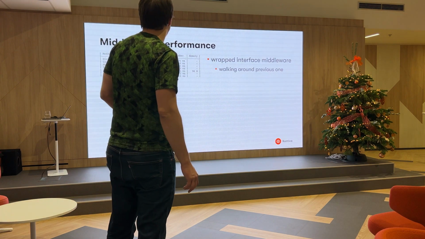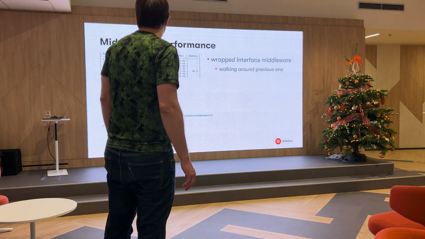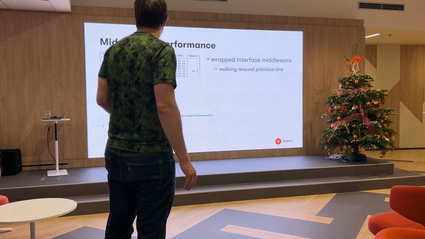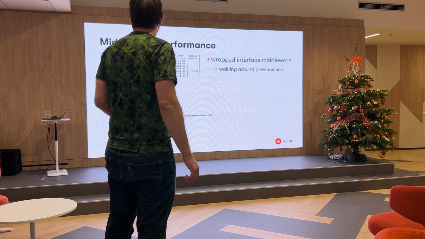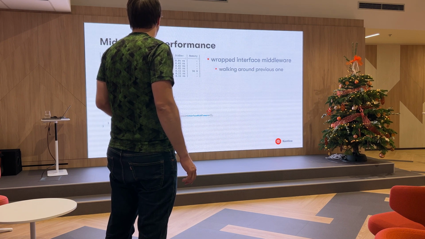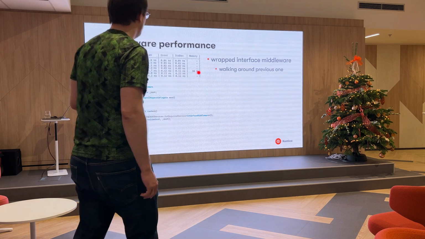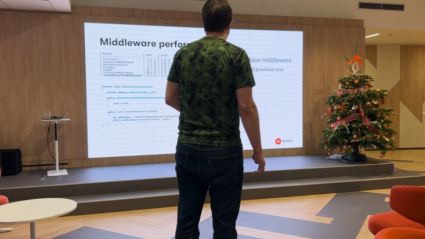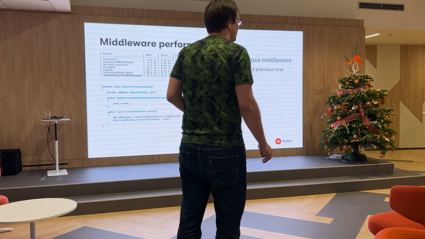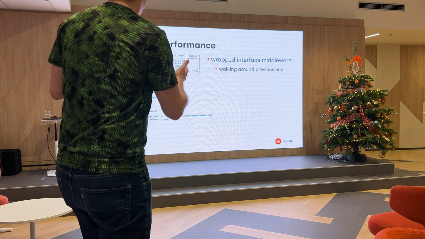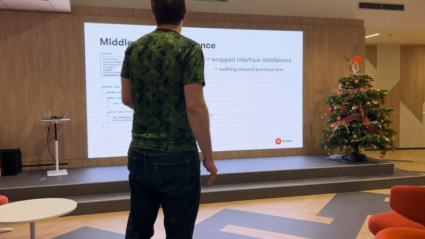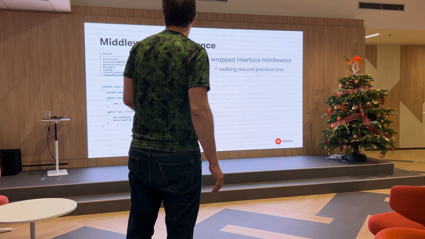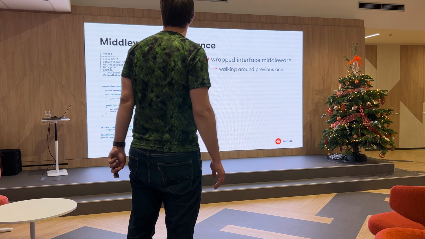If you just want to create a new instance of middleware on each request, which is what this conventional interface middleware really does, it only uses 29.2 nanoseconds. So the moral of this is, if you want to dispose your middleware on each request, don't do it. And if you really want to, because you're creating a presentation about it or something, you would be better off with your own implementation of it, because it's basically faster.